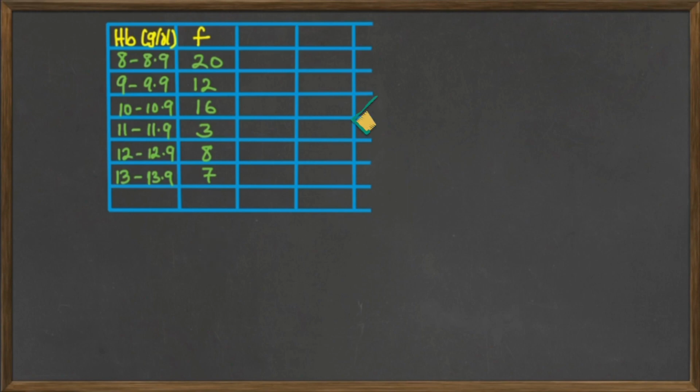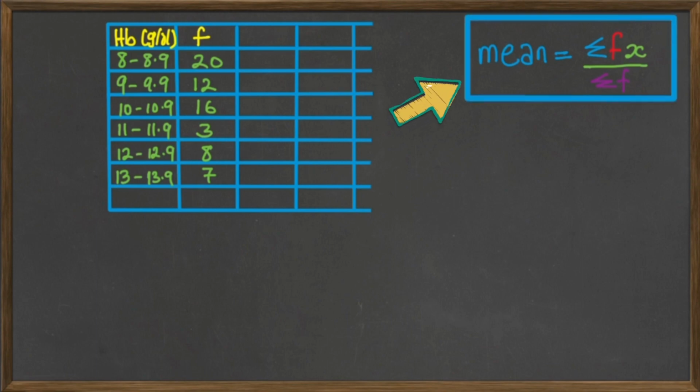All right, the next thing we'll need to do is to compute the mean, and the mean goes by this formula: summation of f times x divided by summation of f. When you see this symbol, it means summation. So the summation of f in the denominator means we'll just add all the frequencies together.